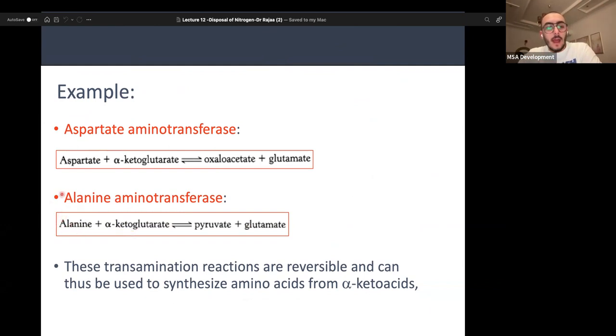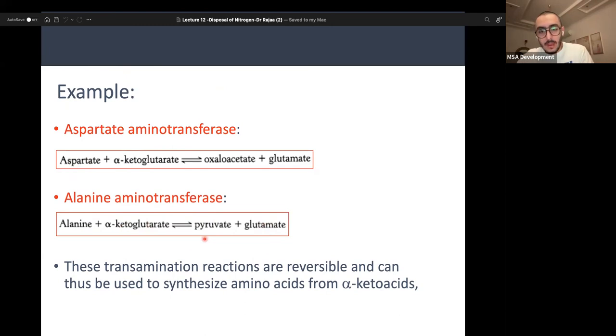By the way, those are the infamous ALT and AST liver enzymes that are tested in every other liver disease. So this is ALT and this is AST. ALT will take the alpha amino group from alanine and give it to alpha ketoglutarate. Now, alpha ketoglutarate with the alpha amino group will be glutamate, and alanine becomes pyruvate.